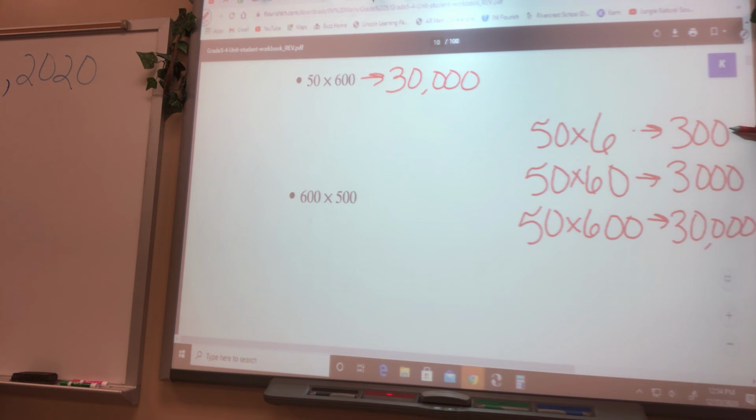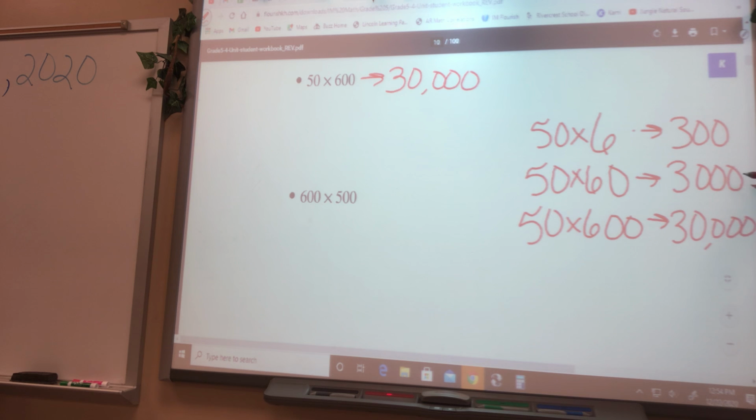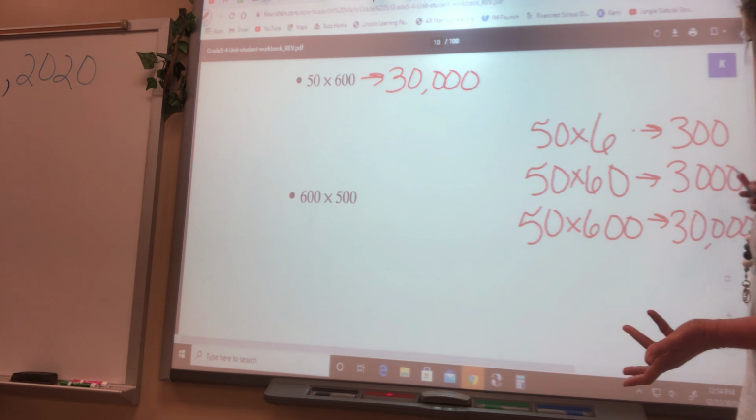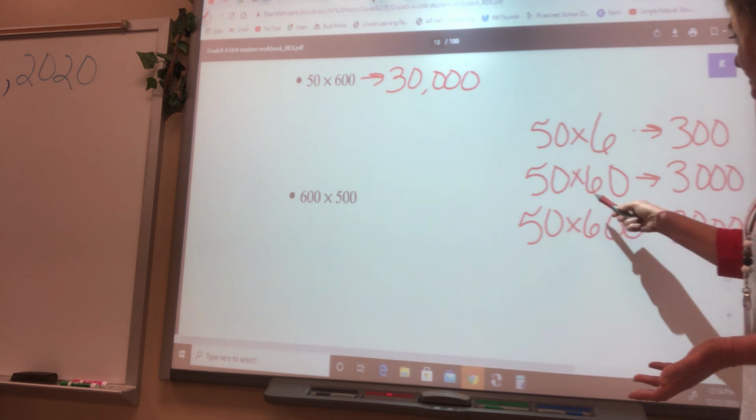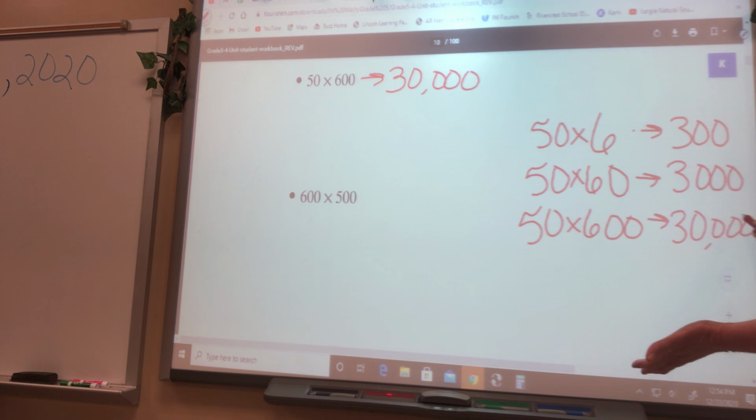Each time, I had 2 zeros the first time, and then they added another 0 to my factor, so I have another 0 here. And then the 3,000. They added another 0 to one of my factors, so look at my pattern. Each time it's adding another 0.